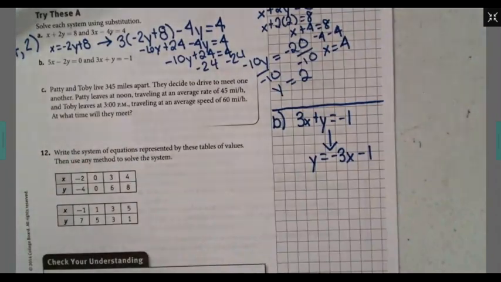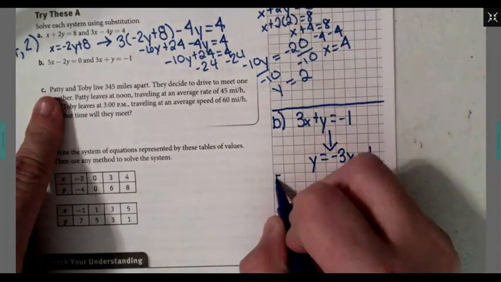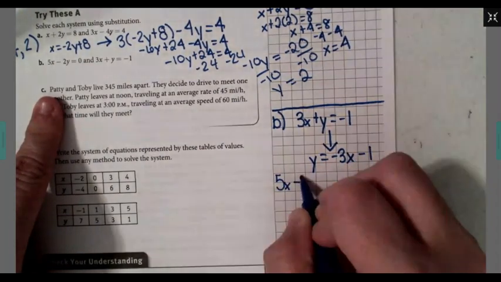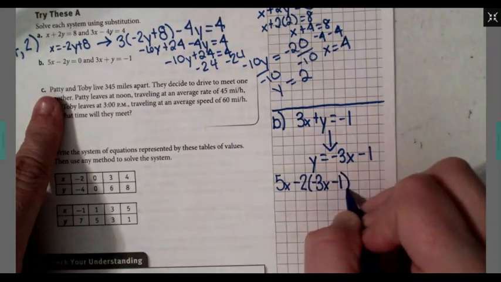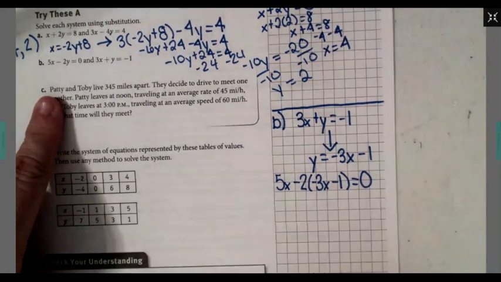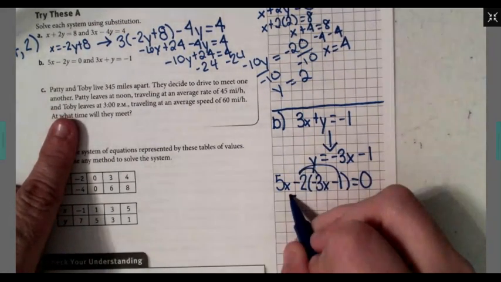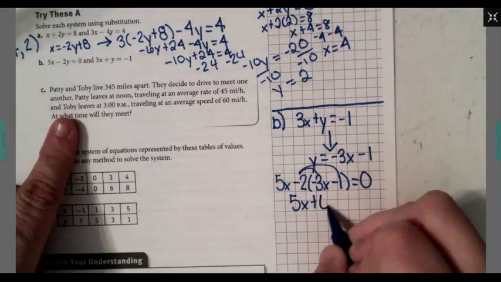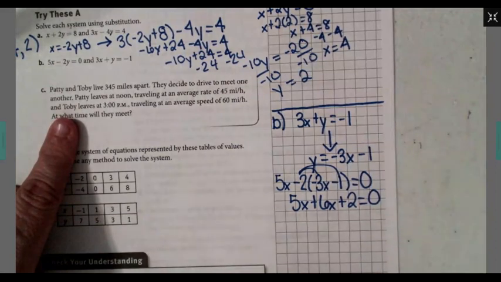So I solve for y. Substitute into the other. So we're going to say 5x minus 2 times negative 3x minus 1 equals 0. Use my distributive property. 5x plus 6x plus 2 equals 0.